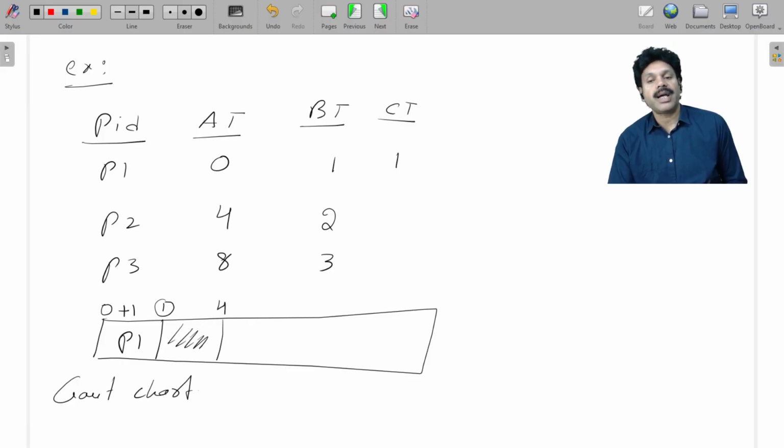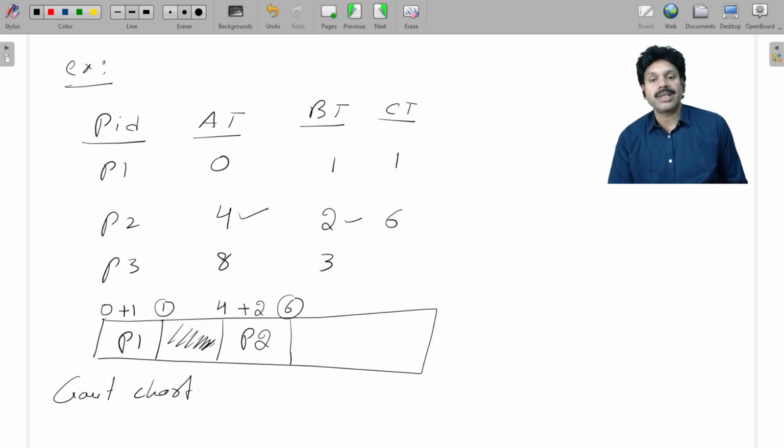Therefore, the CPU is idle up to 4. And at 4, which process has come? P2 has come. So only one process is there. There is no cross-checking of which process I need to pick from the ready queue to send to the CPU, because only one process is there. So P2 is executed for how many units of time? 2 units of time. By 6, it got completed.